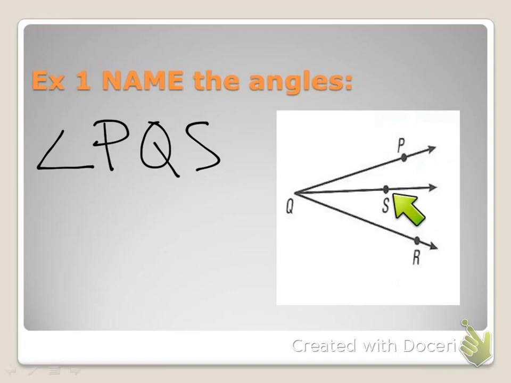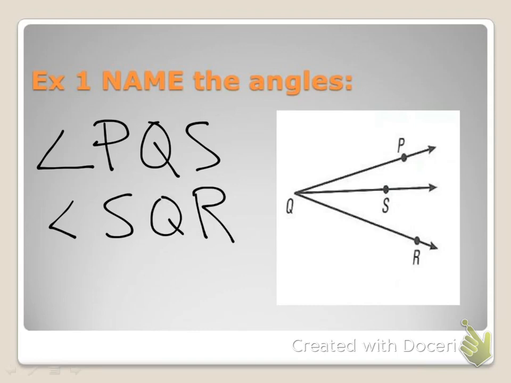All right, let's talk about the little one on the bottom. What's S? Then what? R. No, you can't do the R. SQR. The Q has to be the one in the middle. Now, there is actually one more angle here. Anyone know what it is? PQR. Very good. The big one.